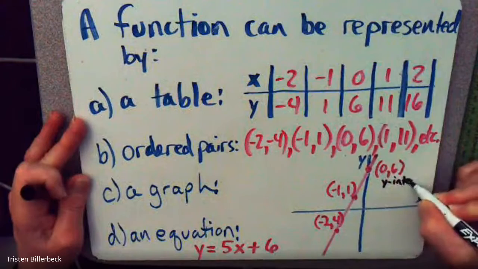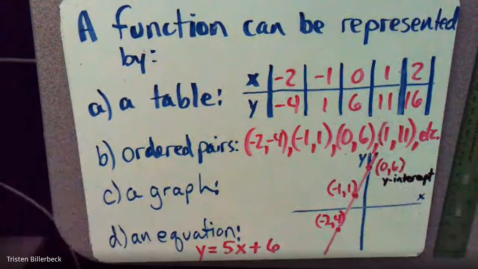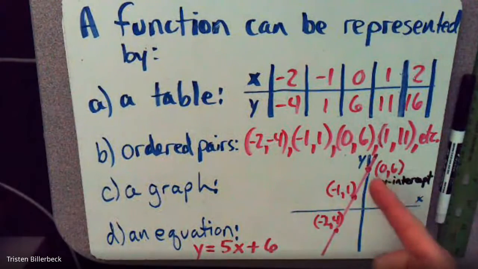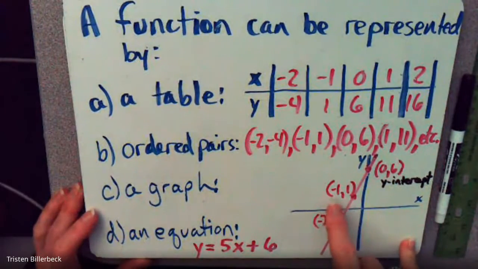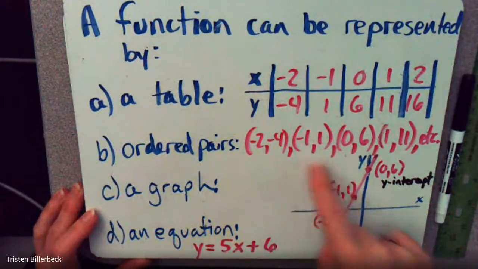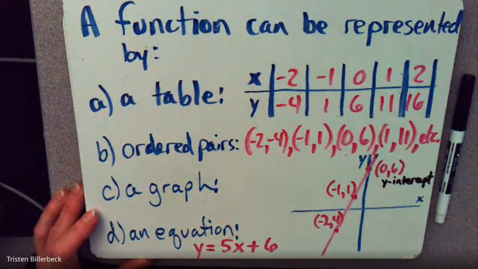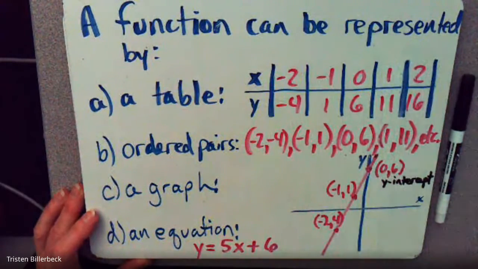That's kind of cool, where the y is like a football player getting an interception. It's intercepting that line right there on the y-axis. And then I have my -1, 1 plotted here and -2, -4 here. And look at this, I get my little vertical line test going and it passes.